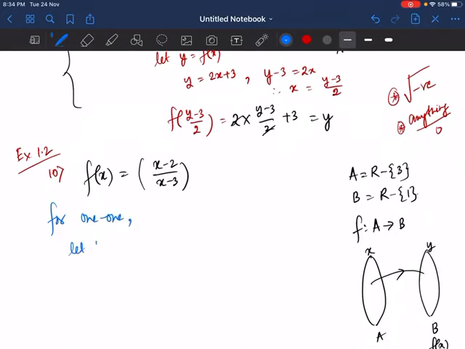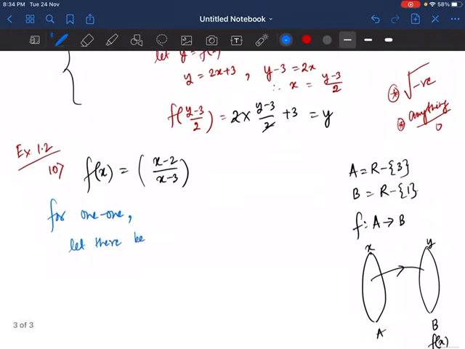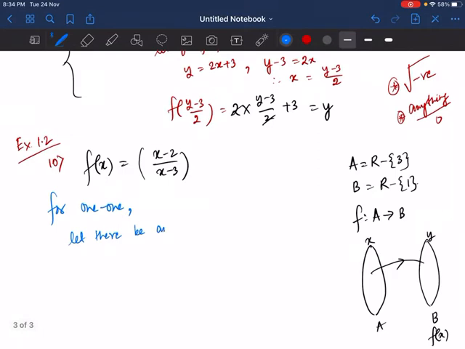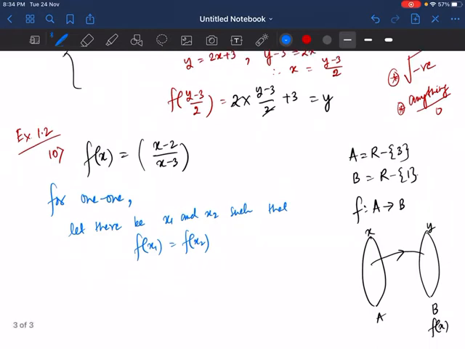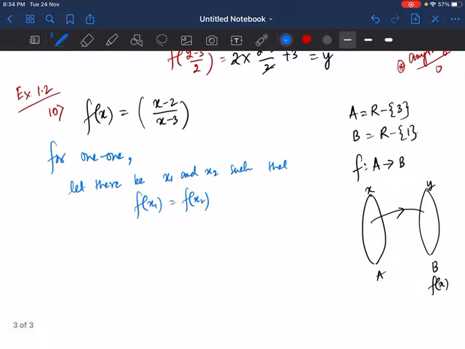Let there be x1 and x2 such that f(x1) is equal to f(x2). So I am assuming two values x1 and x2 such that f(x1) is equal to f(x2). Now this must imply at the end x1 is equal to x2, then only we can say that the function is one-one.